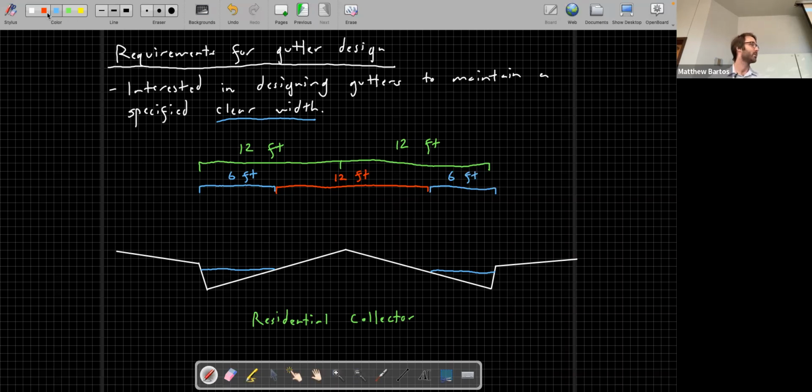Okay, so this here is called the clear width. It is essentially the part of the road that doesn't have water on it. And this here is called the spread.